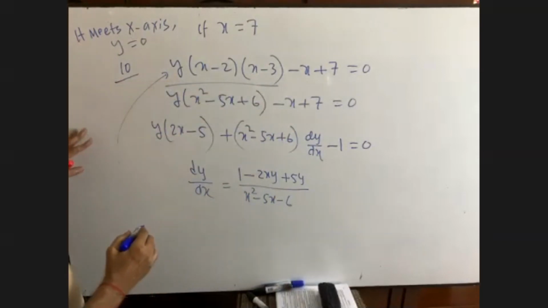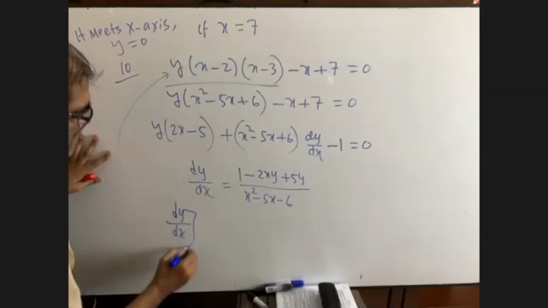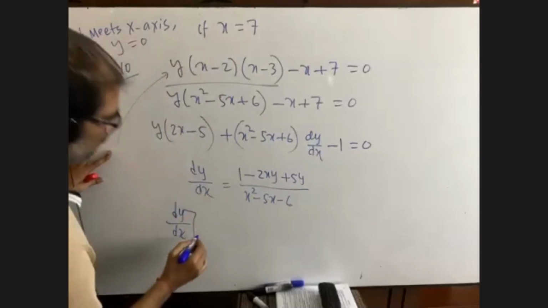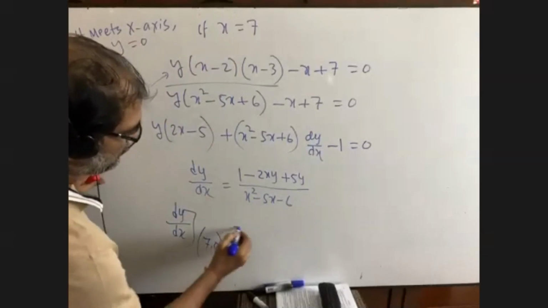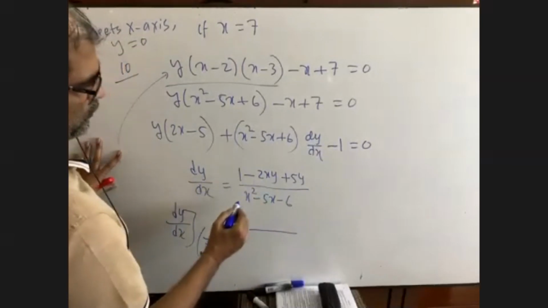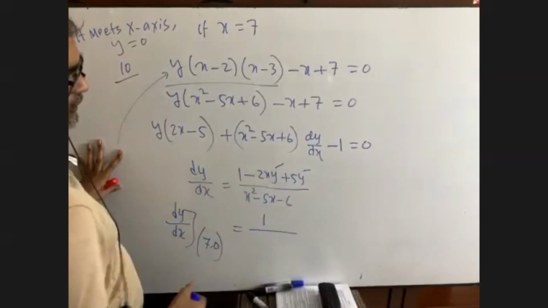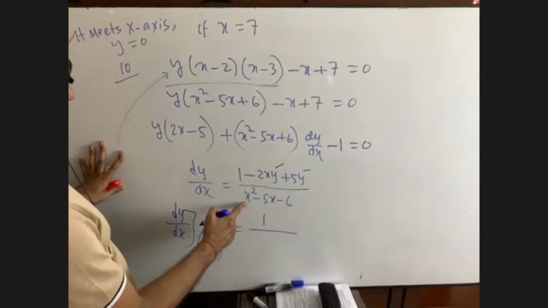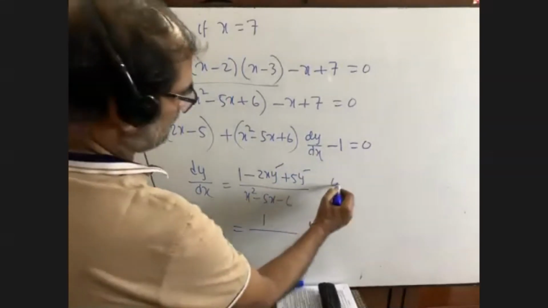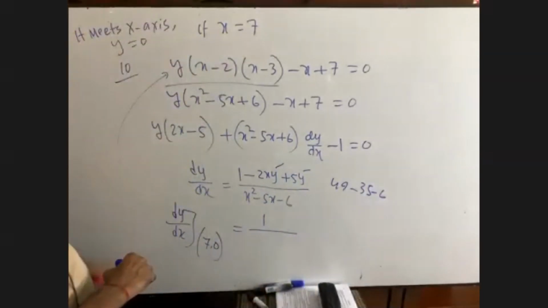So we are getting the point (7, 0). Now you put x equals 7, y equals 0. So it is 1 by x square minus 5x plus 6. X equals 7, 7 sevens are 49. 49 minus 35 plus 6 equals what? 8.